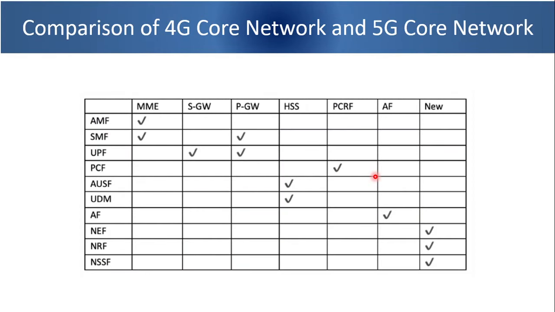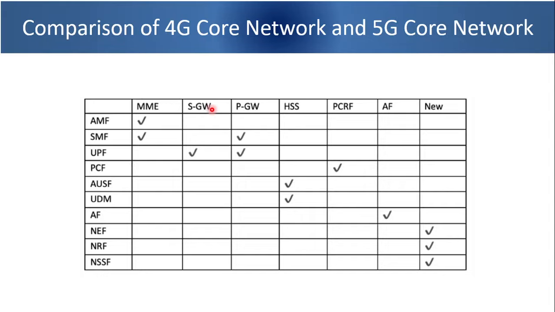Now moving forward. This is an analogy in chart form of how 4G and 5G are equivalent, or what is analogous to each other. On the top side, the network elements you see are of 4G, where we had MME. If you recall, when we did evolution of technology, we had seen MME is mobility management entity.